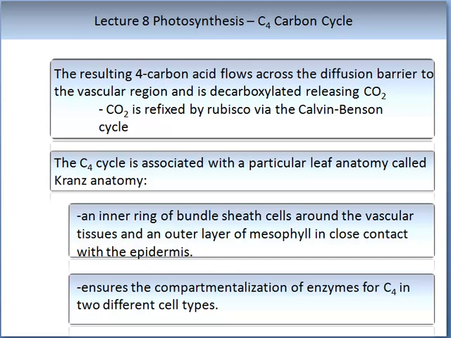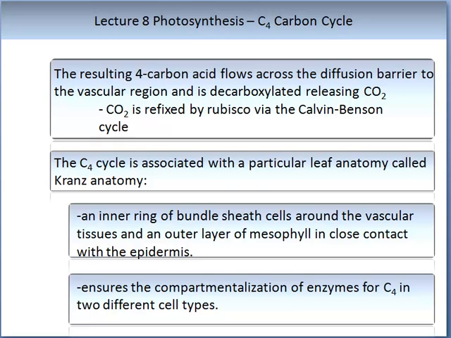The metabolism in the C4 plants, such as sugarcane, is called the C4 carbon cycle. The resulting 4-carbon acid flows across the diffusion barrier to the vascular region and is decarboxylated, releasing carbon dioxide. This carbon dioxide is refixed by Rubisco via the Calvin-Benson cycle.